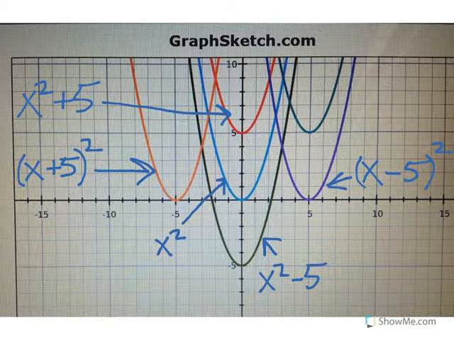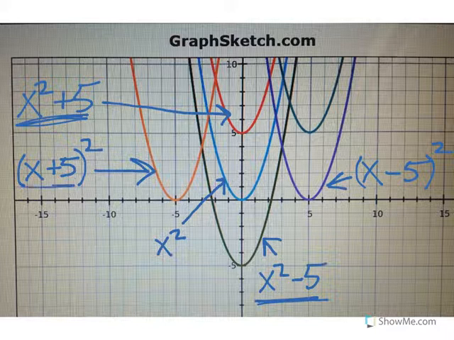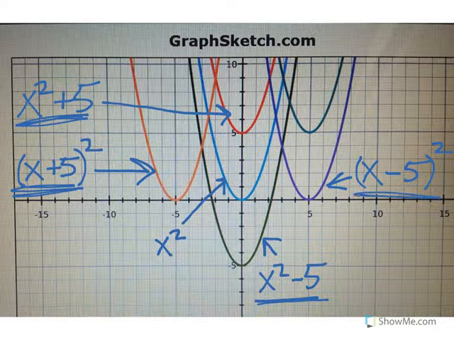So I'm starting to get a sense of the rules here: when I subtract 5 outside the parentheses, it translates down 5. When I add 5 outside the parentheses, it translates up 5. When I add 5 in the parentheses, it goes left. When I subtract, it goes right.